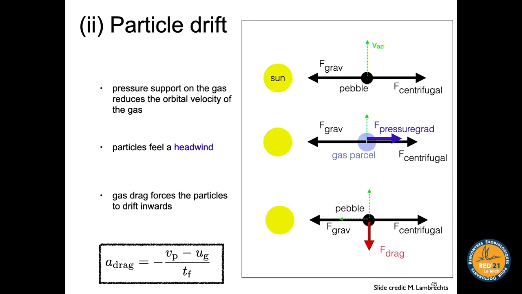So it actually rotates slightly slower than a perfect gravitational Keplerian orbit. And so a particle that's drifting within this gas feels a headwind because it's going a little bit faster. And what does a headwind do? Because of drag and trying to pile up gas, it slows it down. That loses orbital energy and causes it to spiral inward.